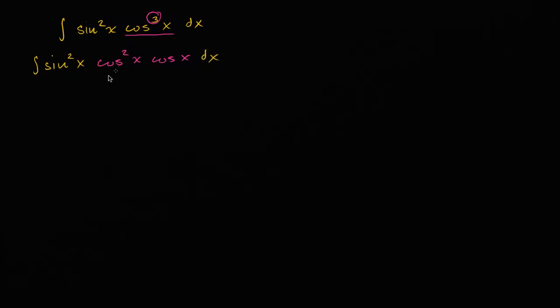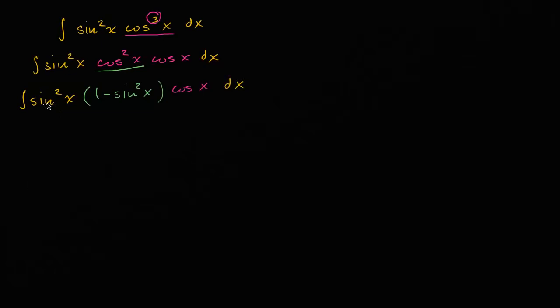And then this can be rewritten as sine squared x, and then I'm going to use the Pythagorean identity to convert this cosine squared into a sine squared, or really 1 minus sine squared. So that, by the Pythagorean identity, is the same thing as 1 minus sine squared x. And then we have cosine x dx.